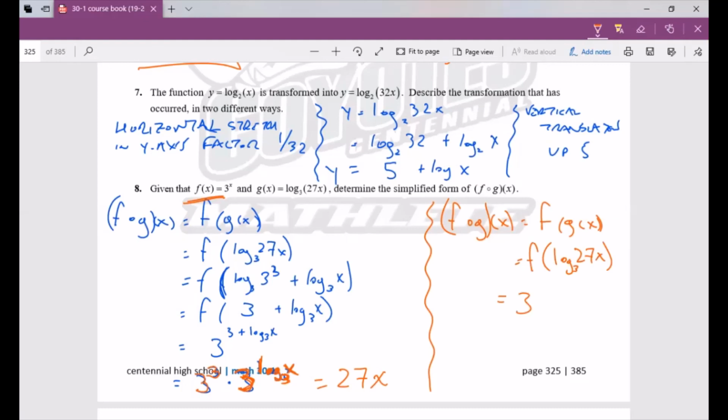So let's go 3. That's my exponent. Well, by following the same rule that we just did here, this is just 27x. And we get the same thing.